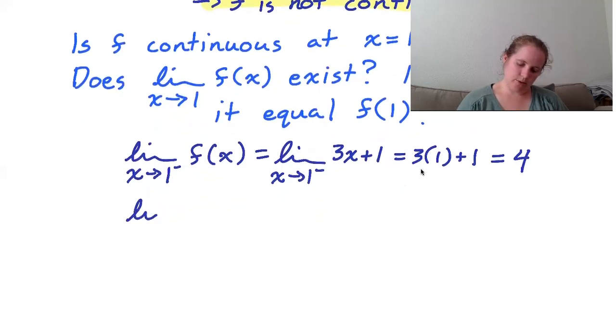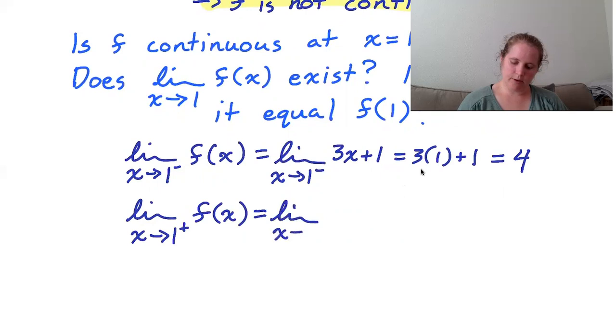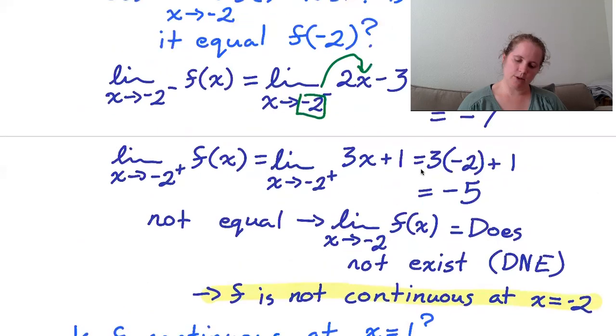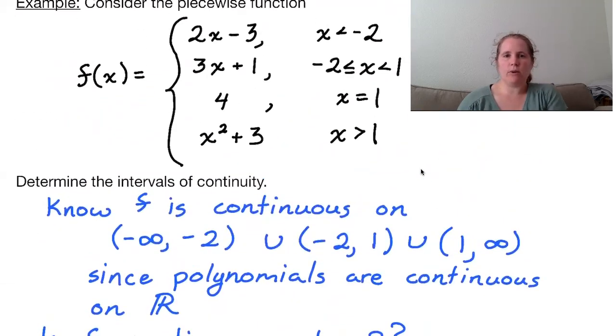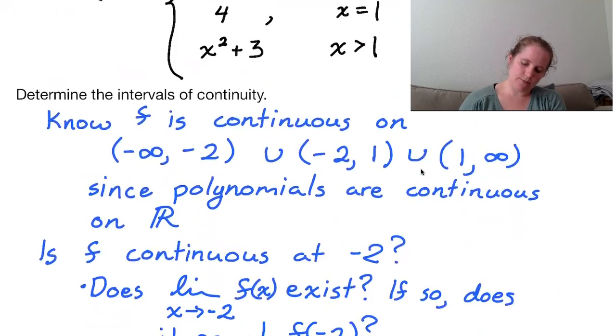Then we check the limit from the right of f of x. If we're just a little bigger than 1, our function is defined as x squared plus 3, that last row.